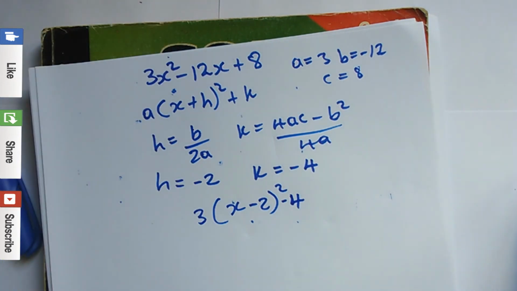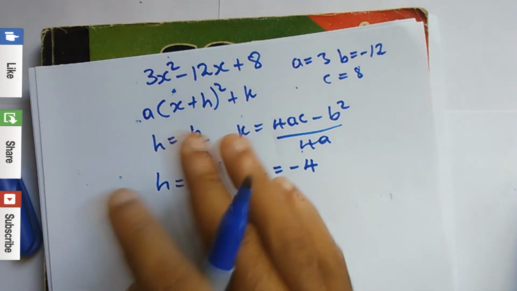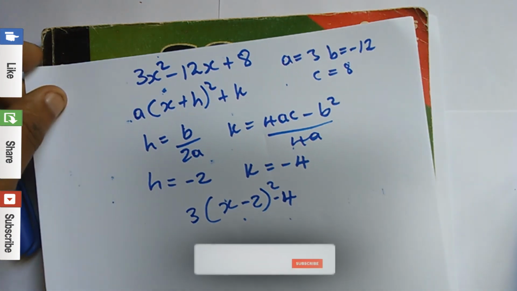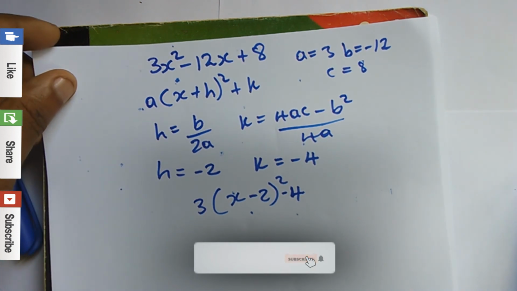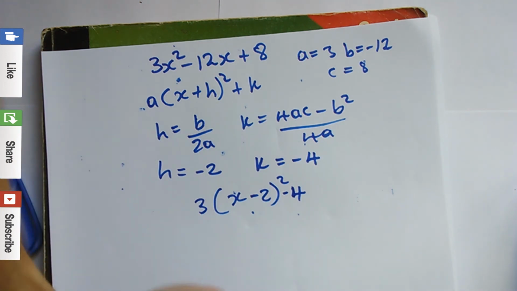Now, while sketching the graph, the first thing you need to do is check to see if the question can be factorized. You need to do that, because if it cannot be factorized, we are going to use the quadratic formula. But if it can be factorized, we have an easier way.